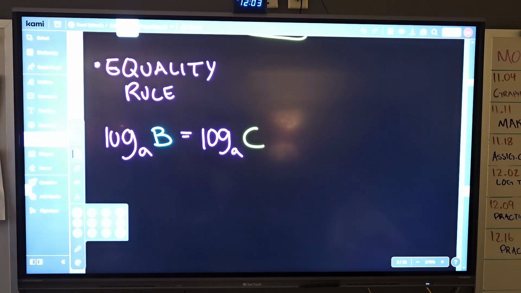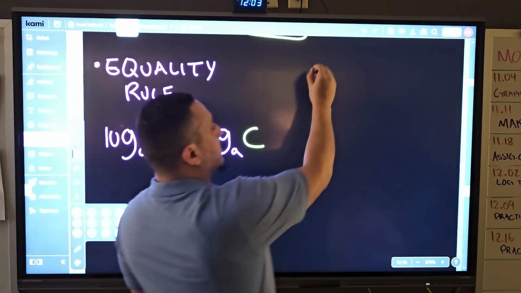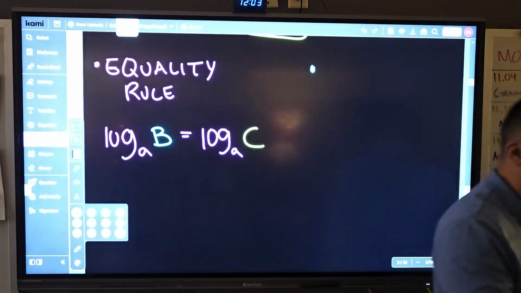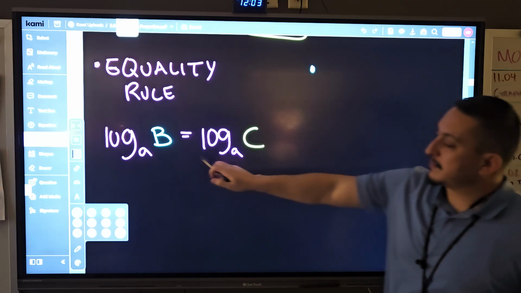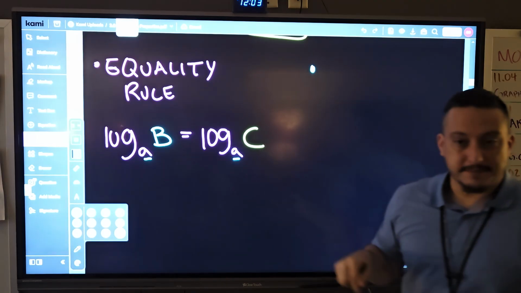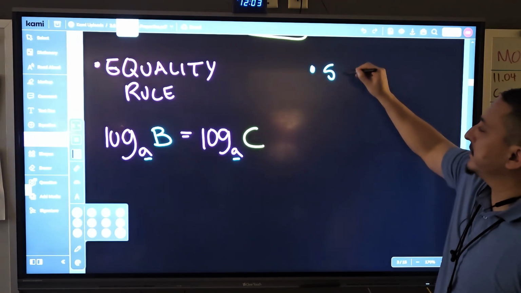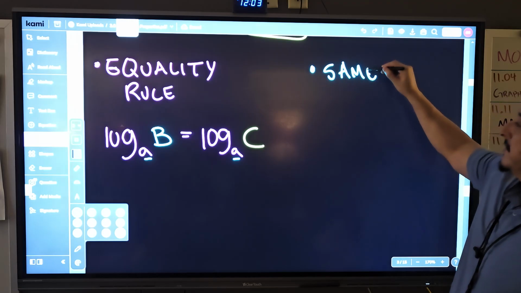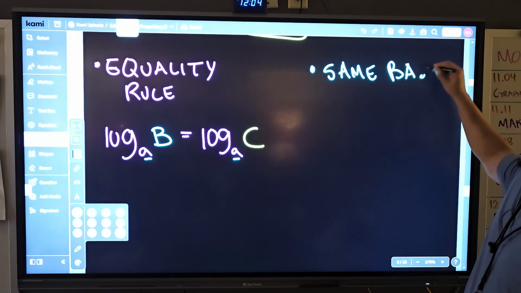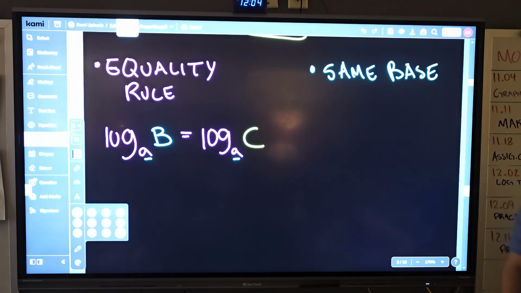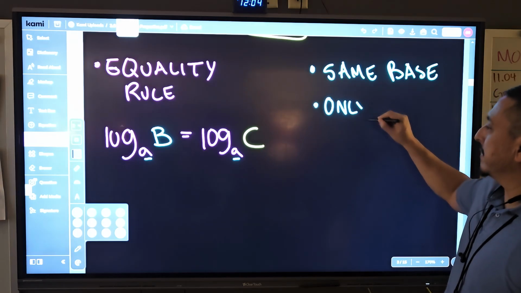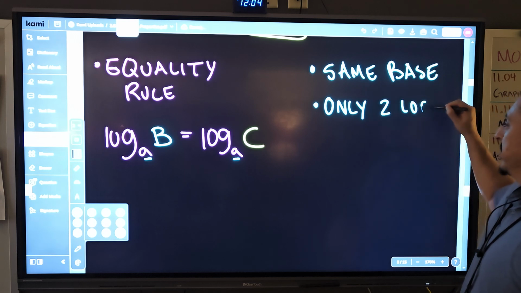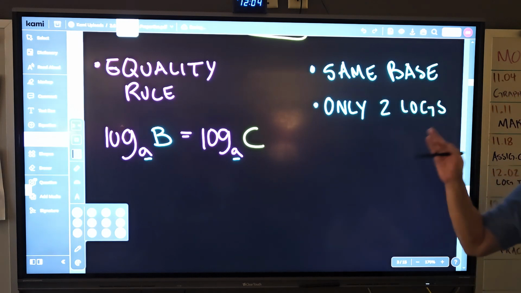There are some conditions on this that are not as obvious until you know what you're doing. Notice the base is the same. So in order to do this, this has to be true: same base. And then how many logs? Only 2 logs. These are conditions for this to work.